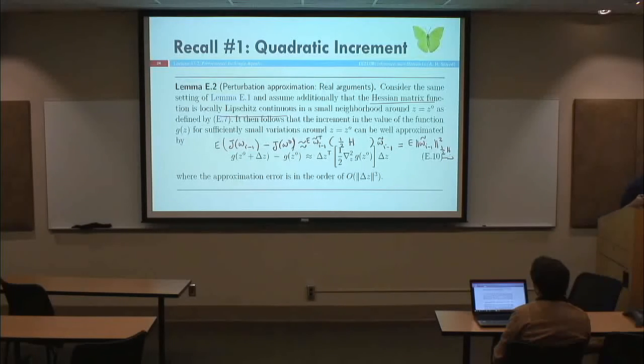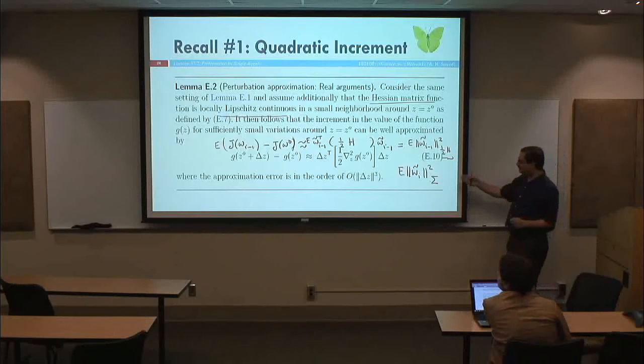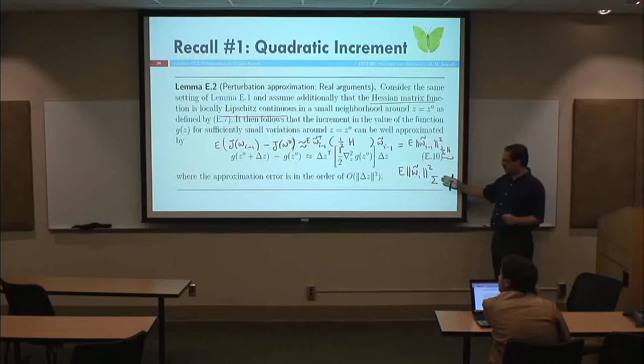That is why in the slides and derivations that come later, I will be focusing on evaluating weighted quantities that look like this for some weighting matrix sigma that I am free to choose. When I want to recover expressions for the MSD, I set sigma equal to I. When I want to recover expressions for the excess risk, I set sigma equal to 1/2 H, where sigma is a non-negative definite matrix that I'm free to choose.